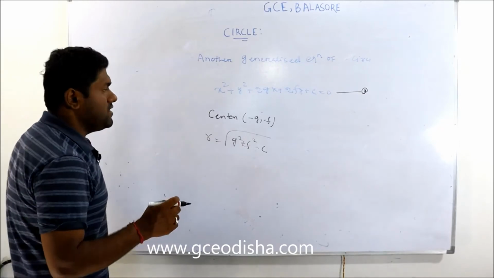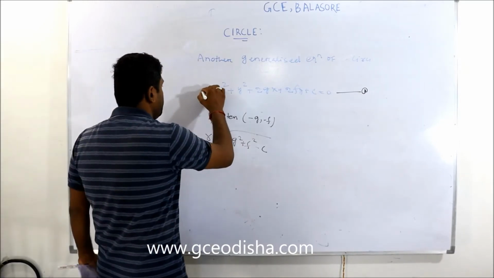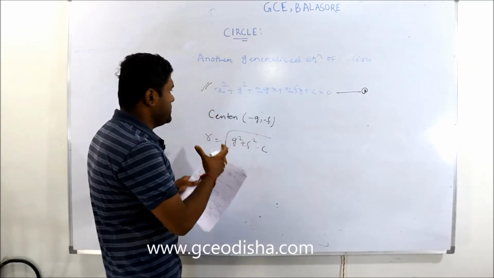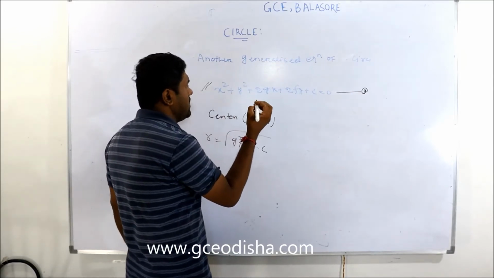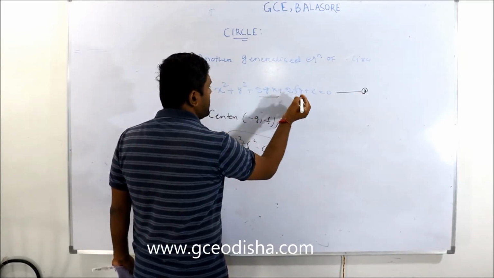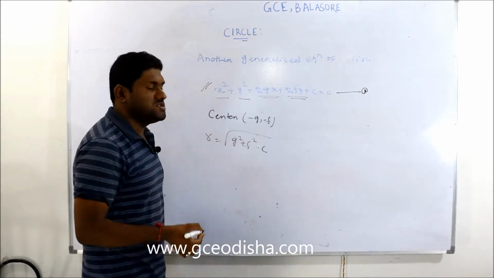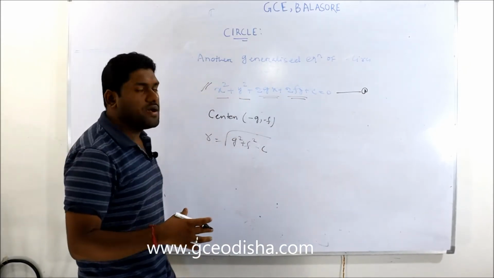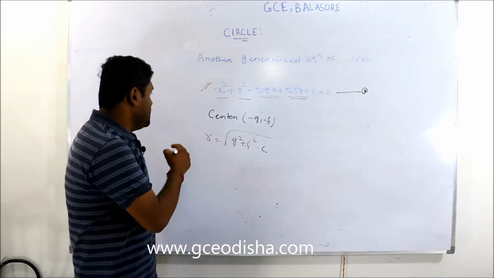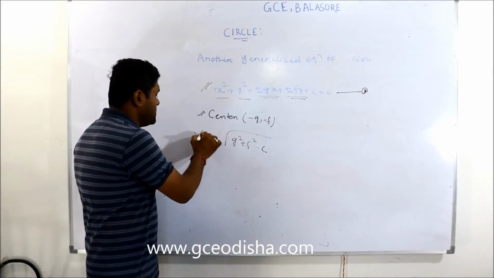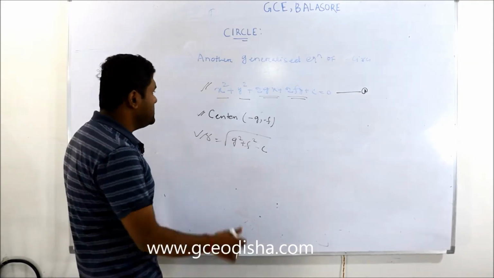When this type of equation is given in the questions, with some x term, y term, x square and y square terms, and then some constant, they may ask you to find the center of the circle and the radius of the circle. You can easily find it.